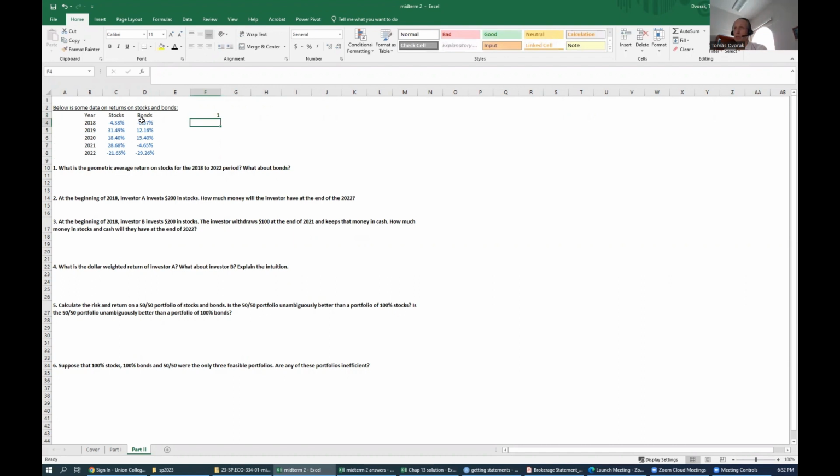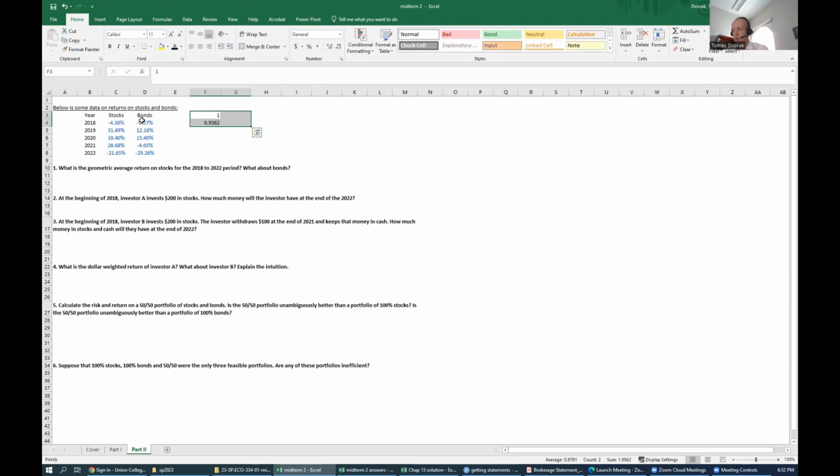Let's pretend that we start with $1 at the end of 2017, and then we're going to grow that previous amount, in this case $1, at the rate of return on stocks. So that would be this formula here. We're going to do the same thing for bonds.